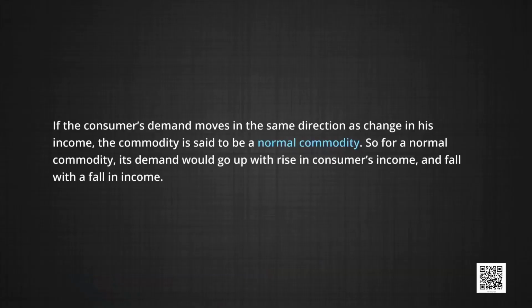Typically, when a consumer's income increases, the demand for commodities will increase. If the consumer's demand moves in the same direction as the change in his income, the commodity is said to be a normal commodity. So, for a normal commodity, its demand would go up with the rise in consumers' income and fall with a fall in income.